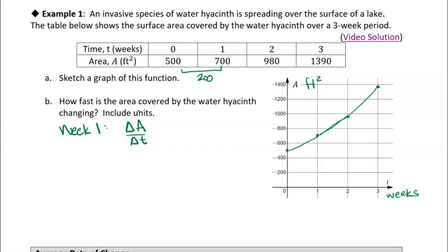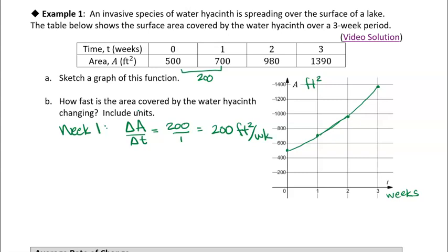So we have a change in area of 200 square feet over a 1 week change in time. Okay, so I could say that during that first week, the area covered by the water hyacinth is increasing at a rate of 200 square feet per week.